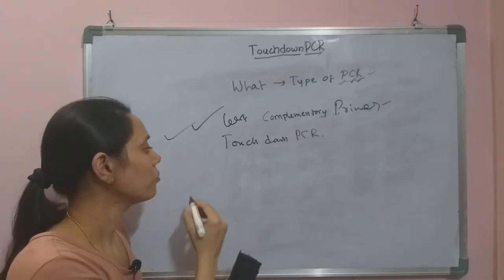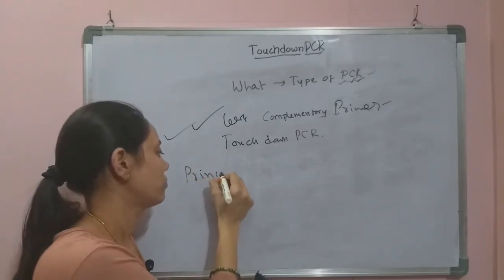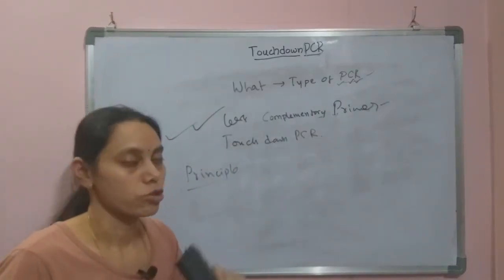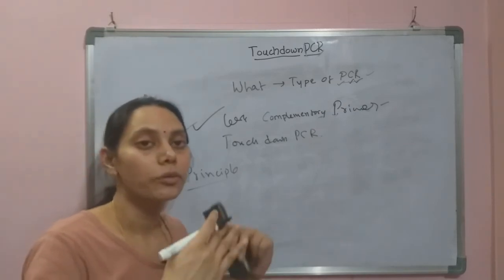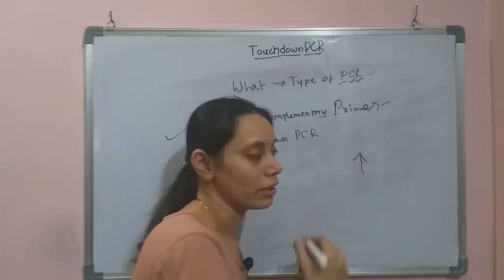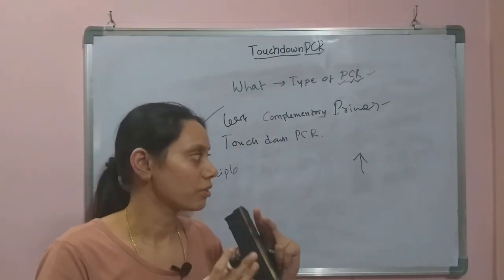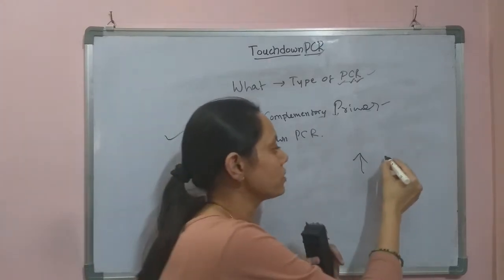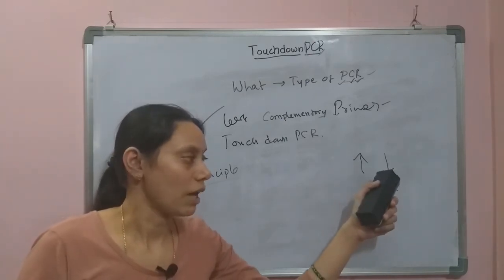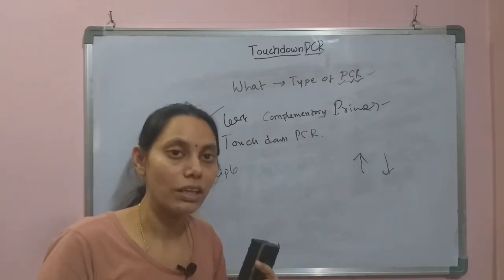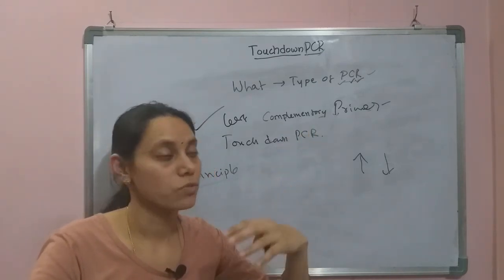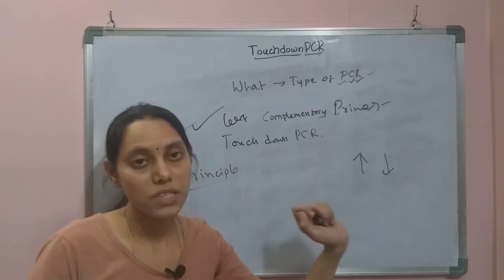Coming to the principle, how does touchdown PCR work? Generally, for the initial cycles of amplification, we use a high annealing temperature, and in the following cycles the annealing temperature is sequentially reduced. Initially we ensure a high, stringent annealing temperature for primer binding to the specific sequences.